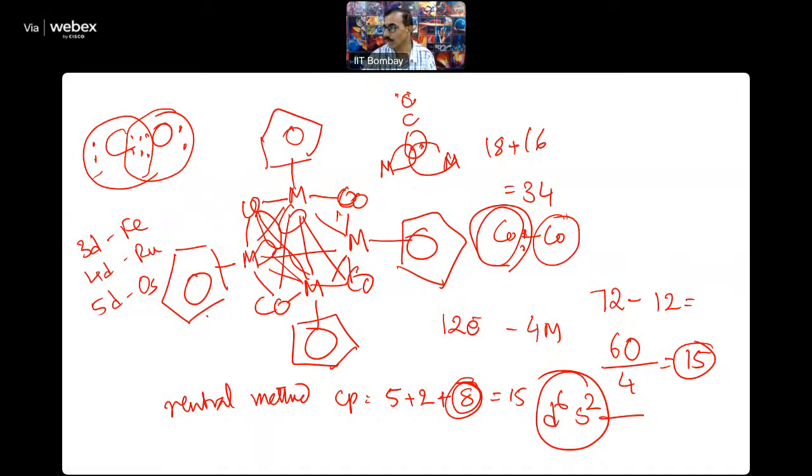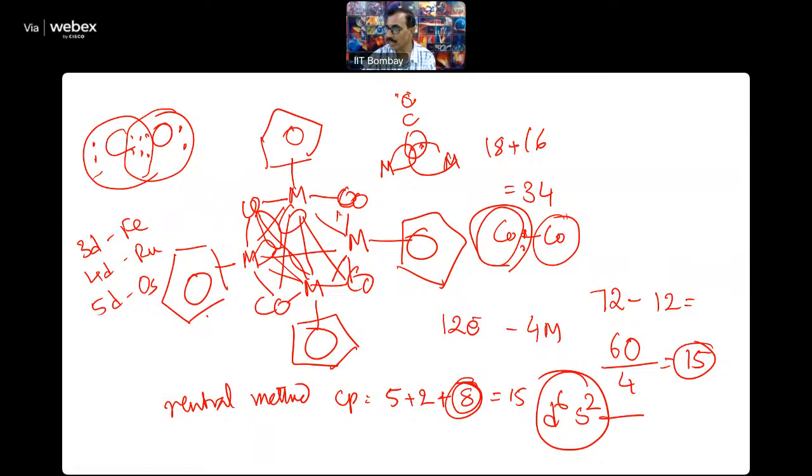Very easy to tell. If I say it satisfies the 18 electron rule, that hint should be given in the question. If I say this cage compound satisfies the 18 electron rule, and the structure is given so that you can count how many metal-metal bonds are there, and then identify the metal.